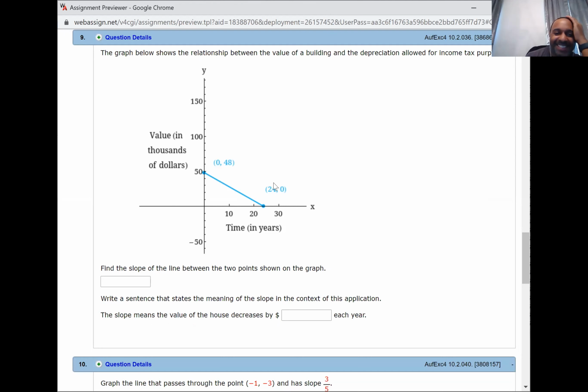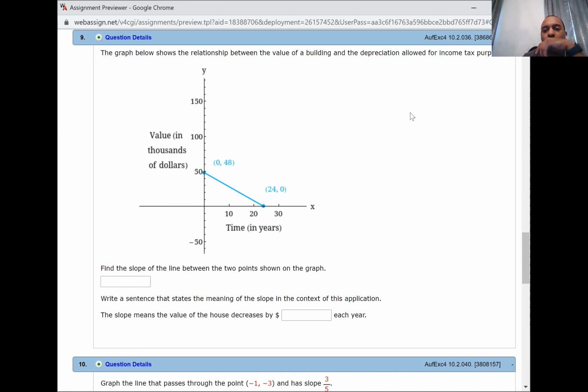So is this the one you're talking about? Yeah. Okay, so it says find the slope between. Mr. Jones, did you have something to say? Yeah, sorry, I was just gonna ask, real quick, if I could share my screen so I could show you what problem I got stuck on.